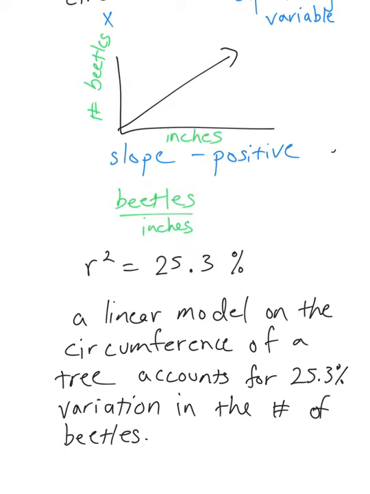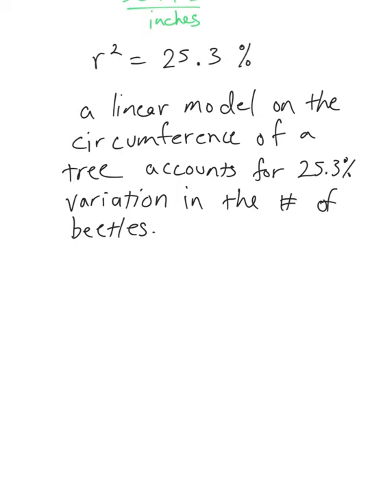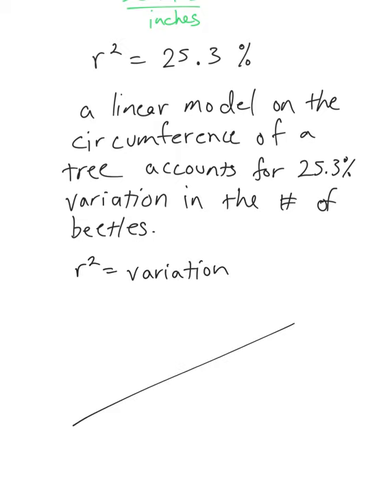So what does that mean in terms of correlation? Our r squared here is variation. Variation is basically, if I had a line and I picked a point, there's probably some points at the top and some points at the bottom. The top is positive and the bottom is negative.